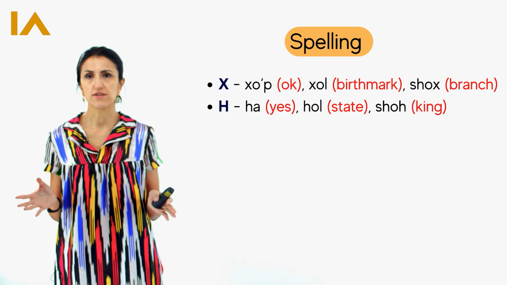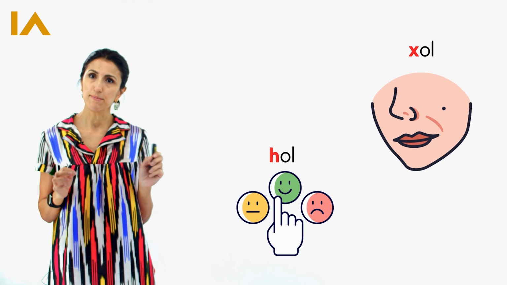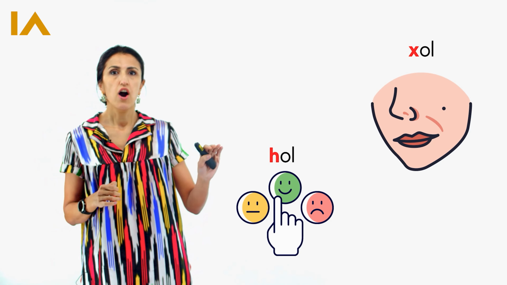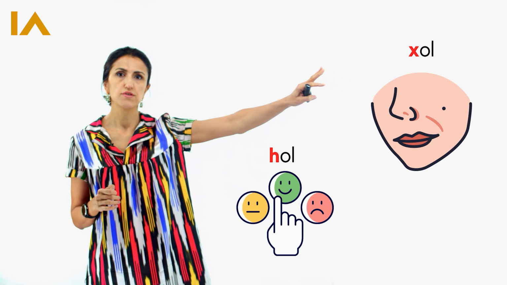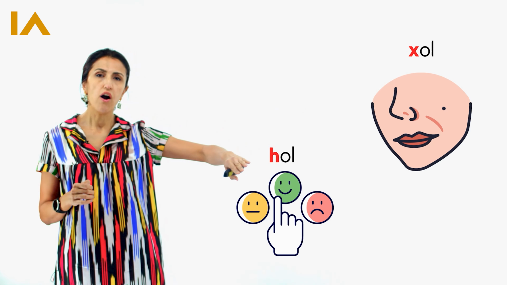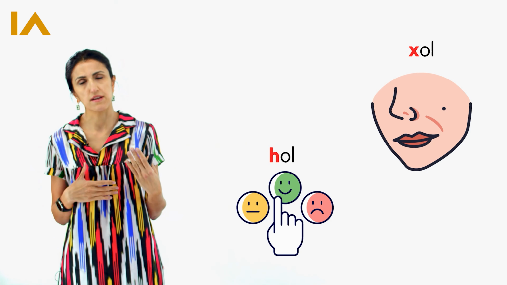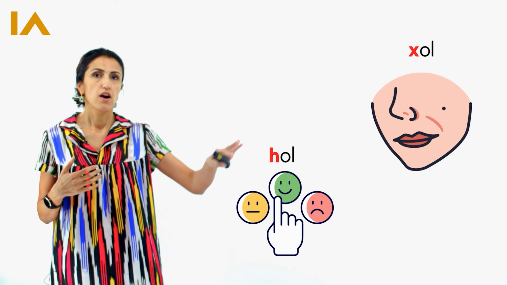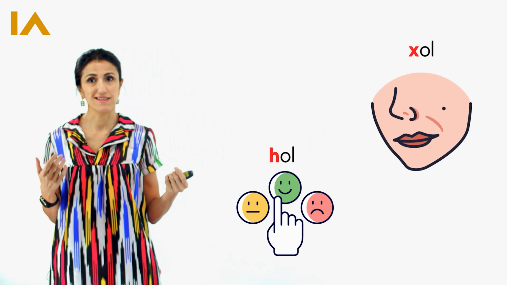People will understand what you mean. But when it comes to spelling, it can be confusing. For example, hol and xol, two different things. Hol is state, like my state can be good, could be not so good. Xol is birthmark. So when it comes to spelling, it does matter.